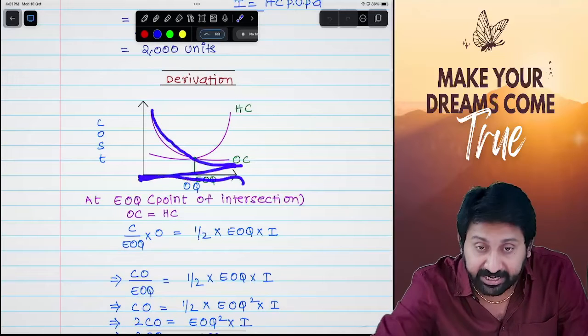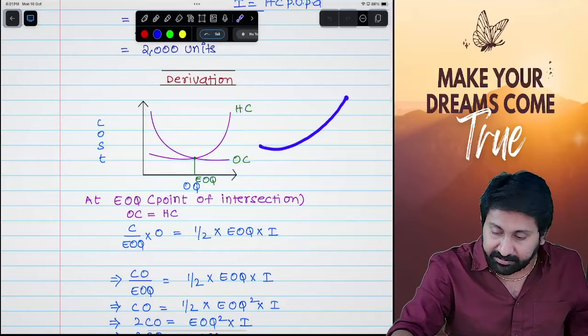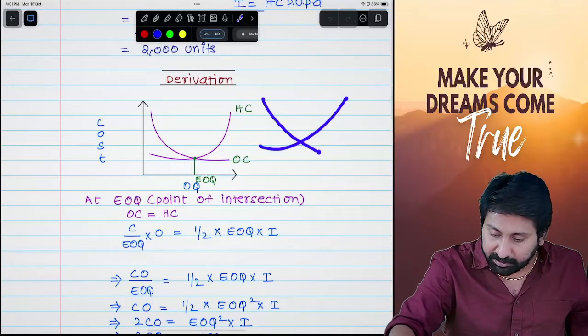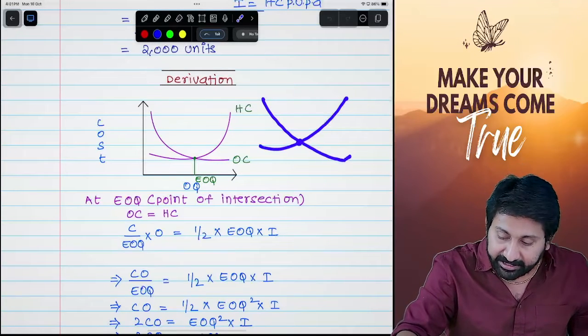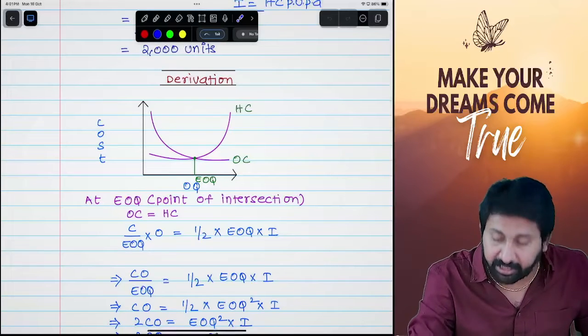Number of units increasing, holding cost will rise. So holding cost will rise with the rise in units, ordering cost will fall with the rise in units. An intersection point will be there where both of them meet. That will be the EOQ.